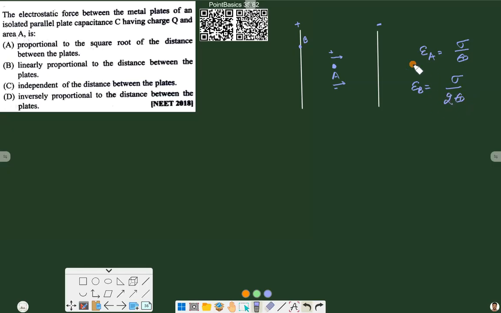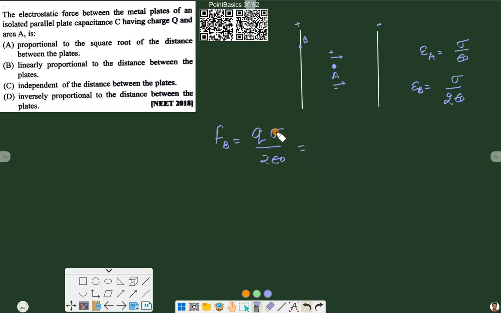So this is the difference between the electric field at point B and at point A. And as we are calculating only for the plates, we will take point B. Now the force at point B is given by charge times electric field. So Q at this plate times the electric field, that is sigma by 2 epsilon naught.